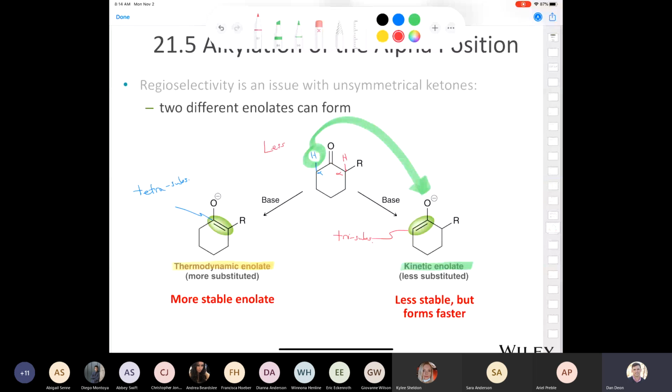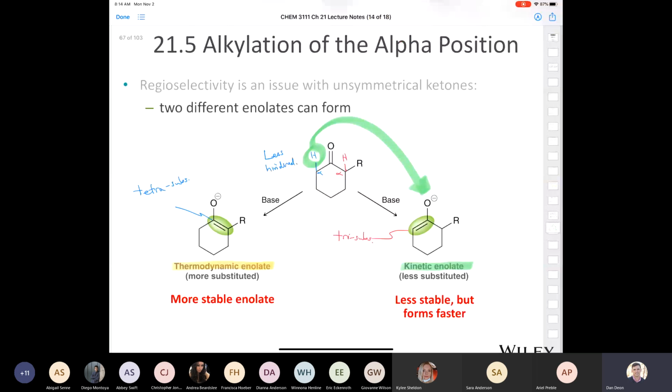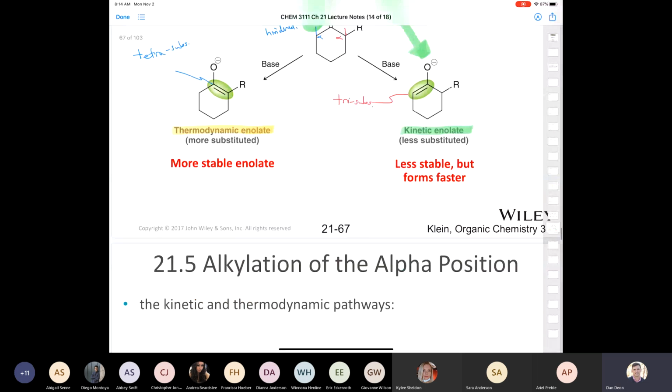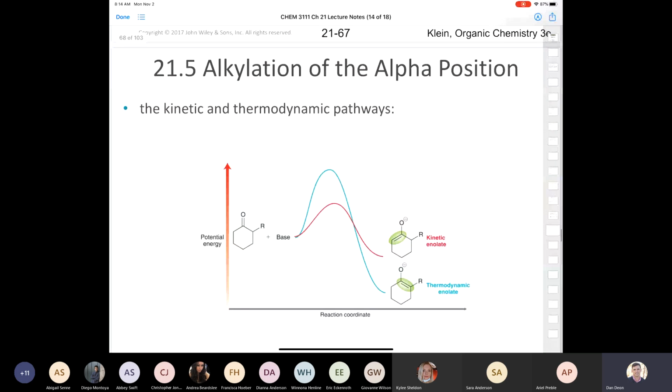So this proton is simply less hindered, and so it's going to be pulled off more rapidly, even though the enolate is less stable. Here's a reaction coordinate diagram showing the formation of the enolate.